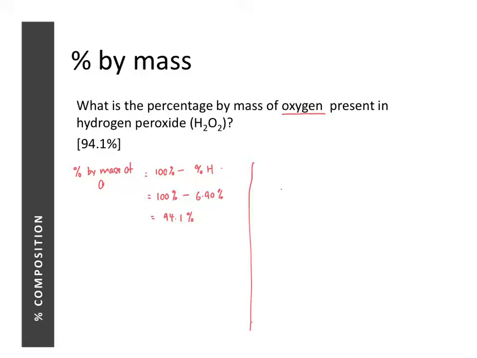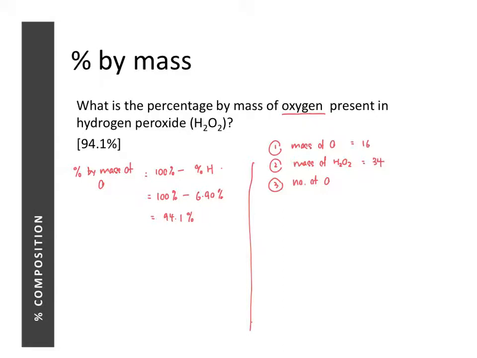For those of you who prefer the traditional method, first you need 3 pieces of information. You need the mass of part, which is the mass of oxygen. Second, the mass of whole, which is the mass of hydrogen peroxide. And lastly, the number of parts, which is the number of oxygen. The mass of oxygen is 16, the mass of hydrogen peroxide we have seen is 34.